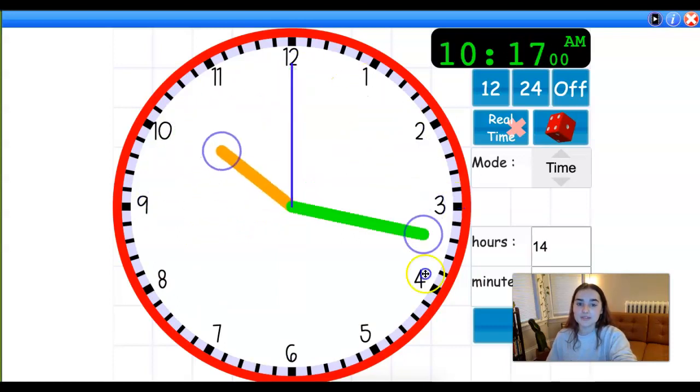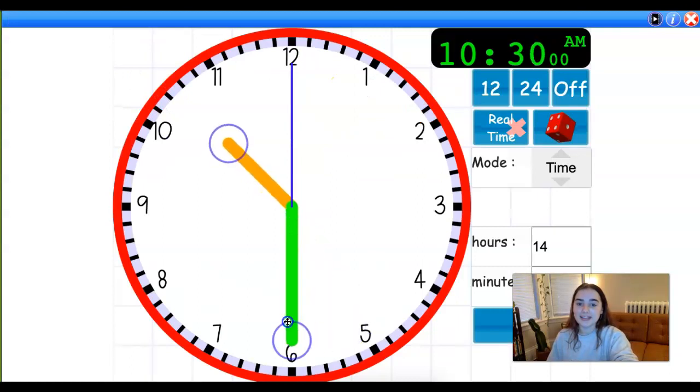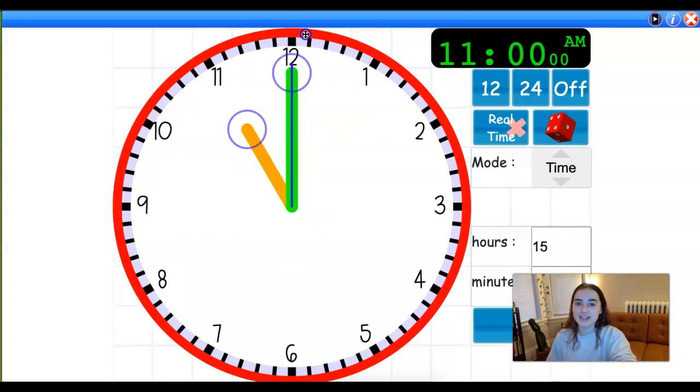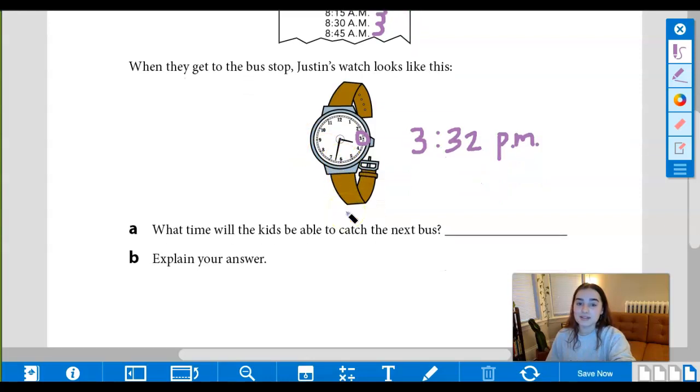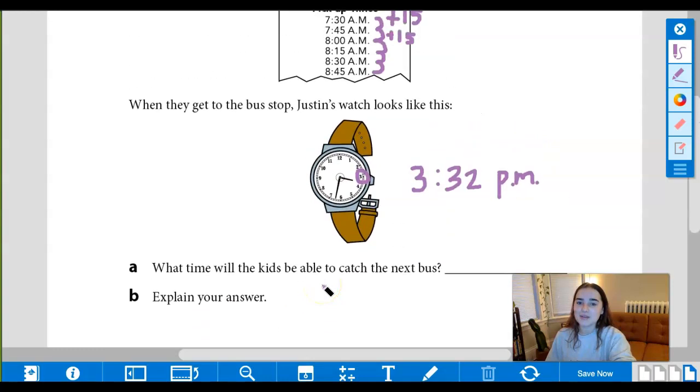Okay? 15, 30, 45, and the top of the hour. So if it's 3:32, Justin just missed the 3:30 bus. What is the next 15-minute interval that he will be able to catch the bus? Write your answer here. Make sure you include PM and explain how you know.